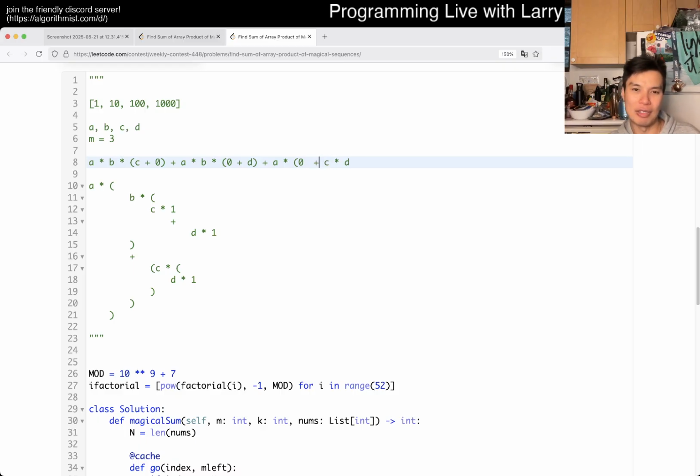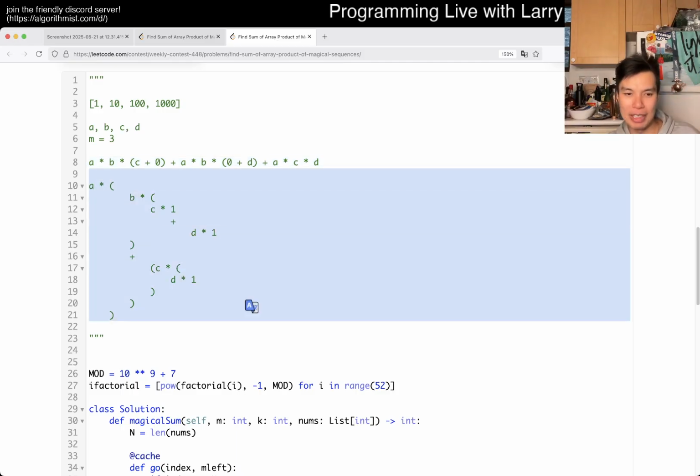No, this is the 0 version, so it'll be C. I don't know. But you get the idea is that it all bubbles back up, right?